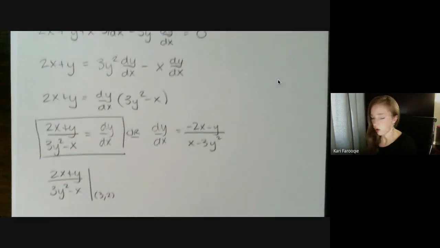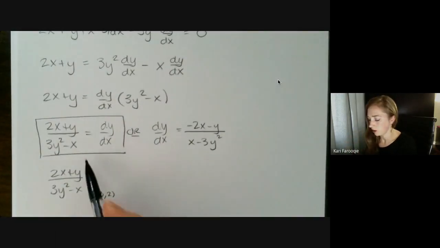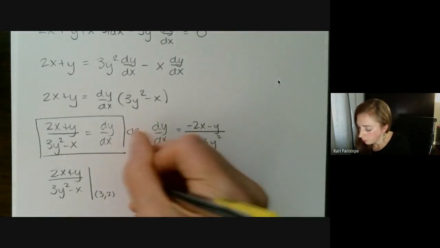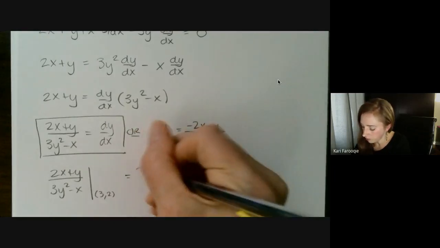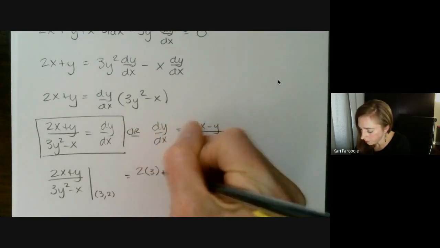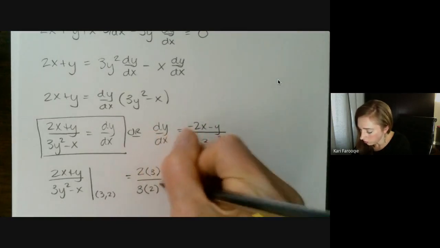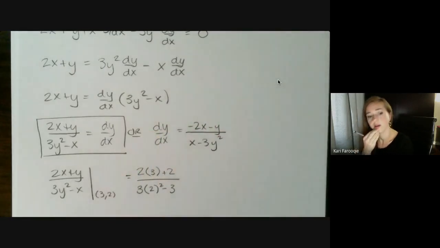And usually when we say we're going to evaluate something, we leave this vertical line, and it just says we're evaluating it at this point. So everywhere I see x, I'm going to plug in 3. And everywhere I see y, I'm going to substitute 2. Don't mix those up. It's very easy to mix up. So 2 times 3 plus 2 divided by 3 times 2 squared minus 3.